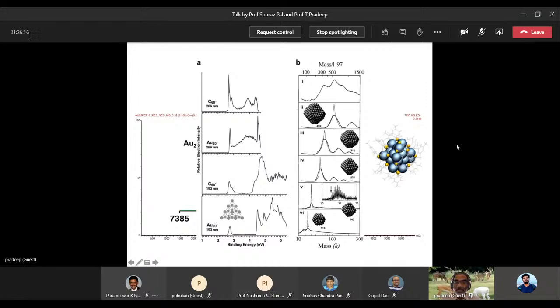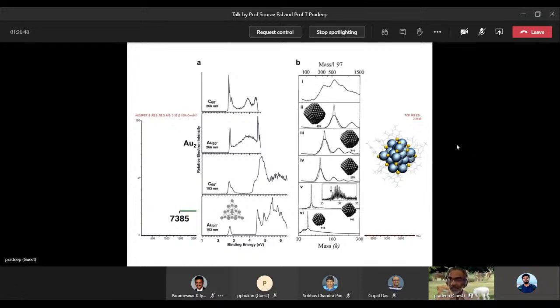Now, this particular thing is a mass spectrum of protected gold clusters, in this particular case by laser desorption mass spectrometry. And they showed that upon laser desorption, all of these ligands go away, and what you have is essentially pieces of gold. And the objective was to see where you would see cubic gold.